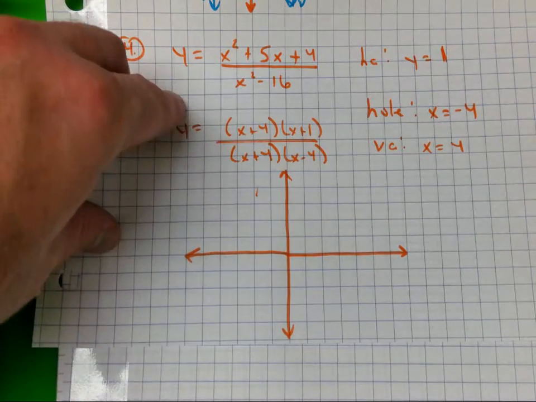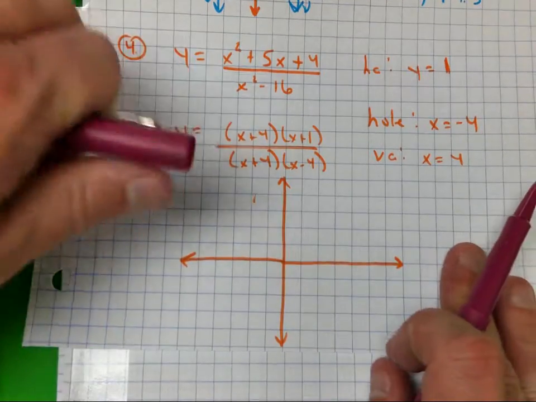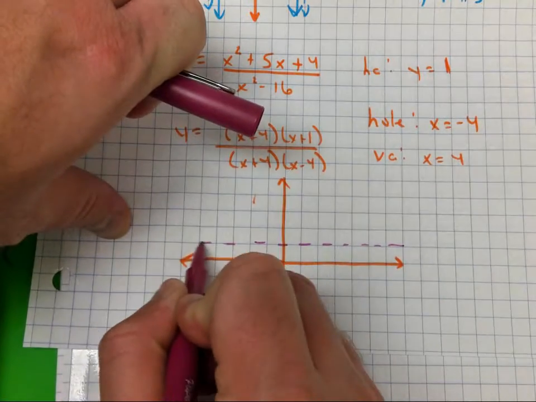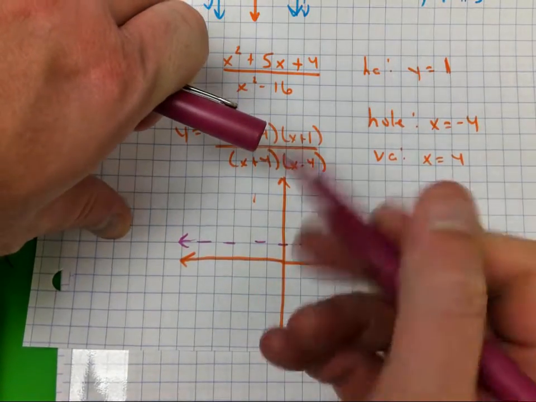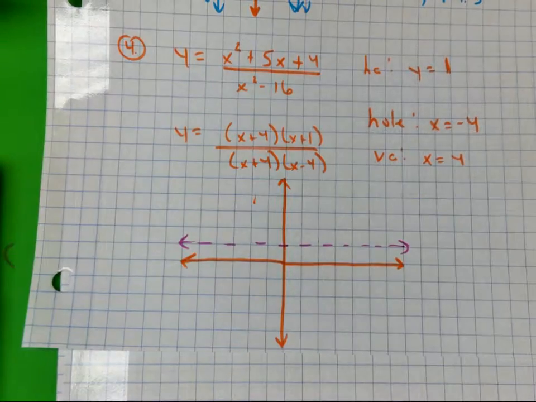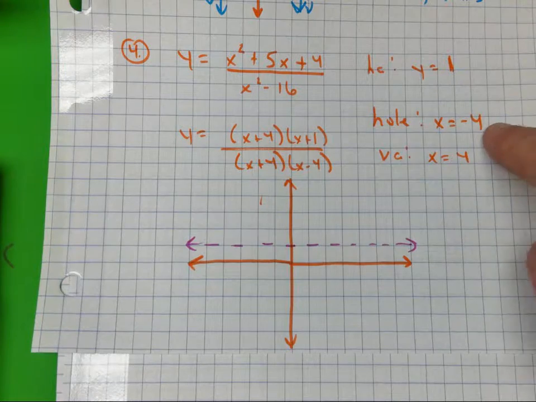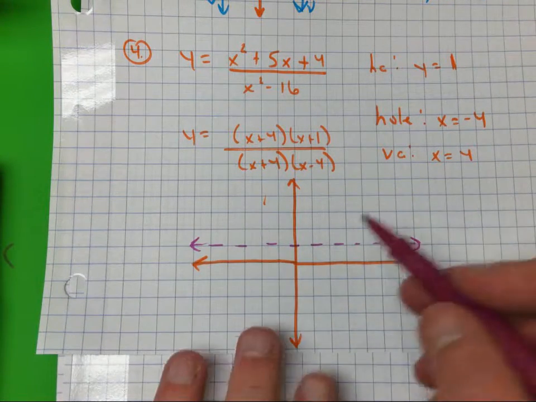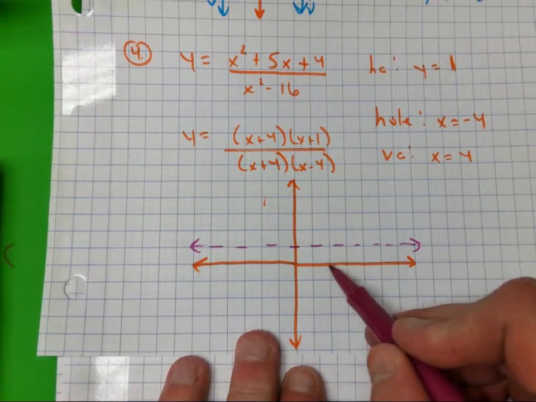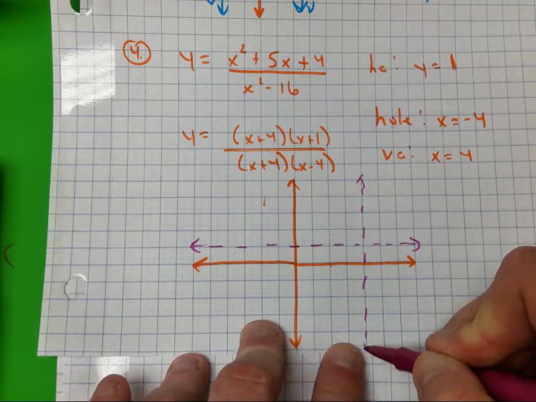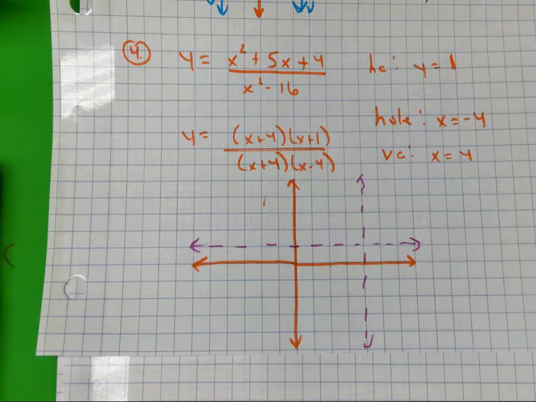Alright, let's graph our horizontal asymptote. I'll go to y equals 1 right here. I'm going to graph my horizontal and vertical, and I'm going to come back and do my hole in just a minute. Horizontal, vertical, x equals 4. Okay, I want to graph it so I know what it looks like.